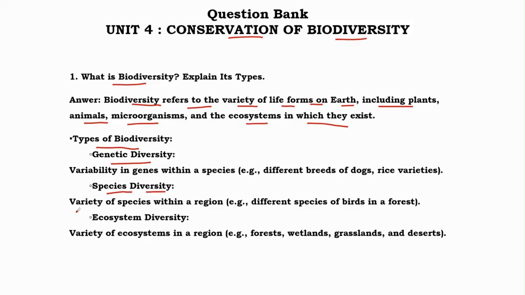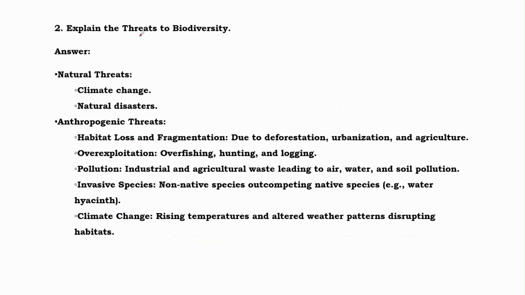species diversity, variety of species within the region, that is different species of birds in the forest. Ecosystem diversity, variety of ecosystems in the region: forest, wetlands, grasslands and desert. Then threats to biodiversity, you have natural threats, that is climate change and natural disaster.